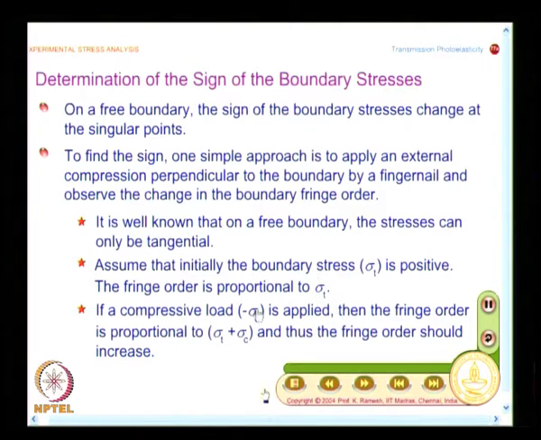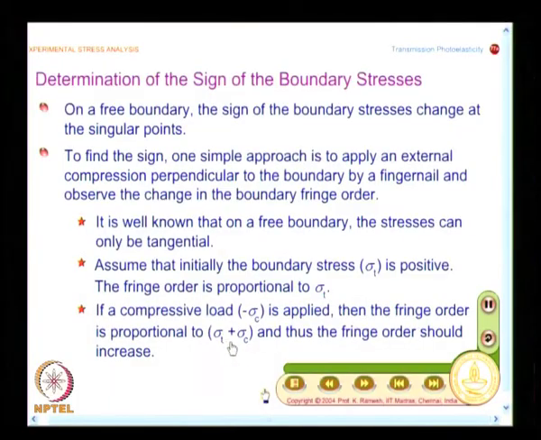Suppose I apply a compressive load, minus sigma c, by a fingernail, then what happens to the fringe order? We are only looking at sigma 1 minus sigma 2. Now, I apply a compression through the fingernail. So, minus of minus becomes positive. I get this as sigma t plus sigma c, and thus the fringe order should increase.